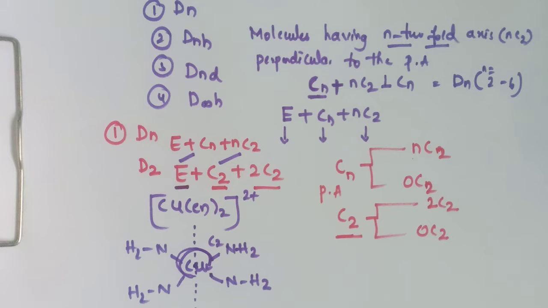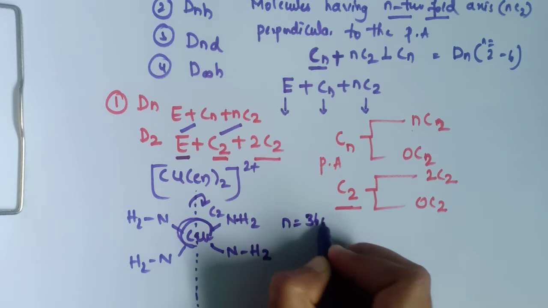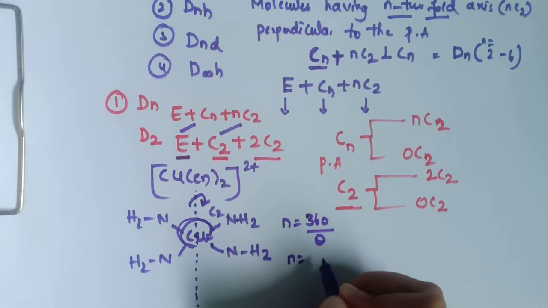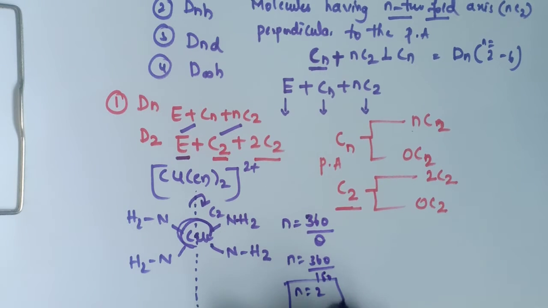To learn these point groups, you must have a perfect basic understanding of axes of symmetry, planes of symmetry and so on. I have already uploaded those videos. Please watch them before watching these videos. And here, n equals 360 degrees by theta. We are rotating it by 360 degrees by 180, so n equals 2 here.